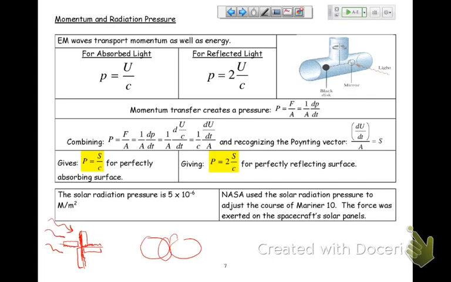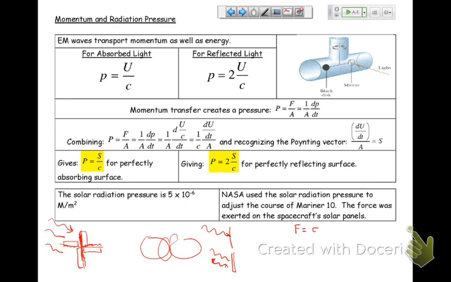The idea is this: on the black surface, the photon of light was absorbed, and on the white surface, the photon of light was reflected. Now, when we did Physics 1 and change of momentum, remember Newton didn't say F equals ma.